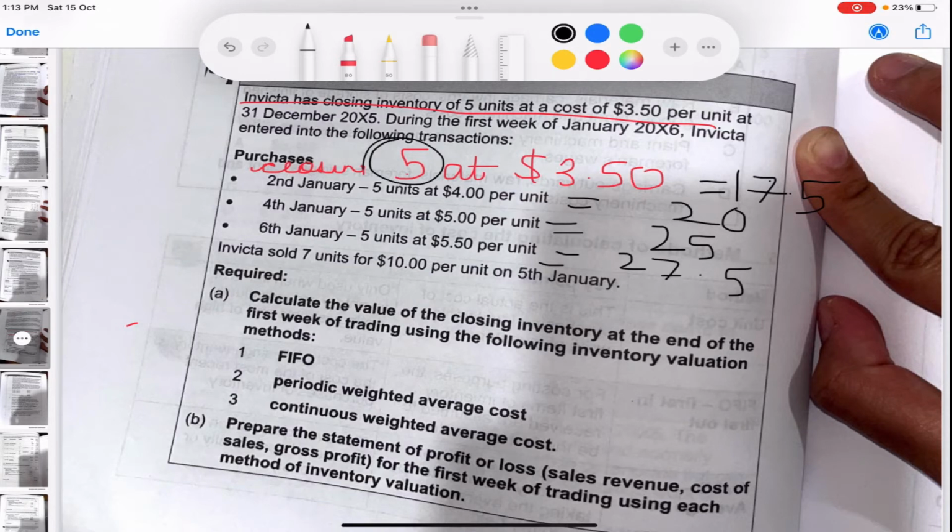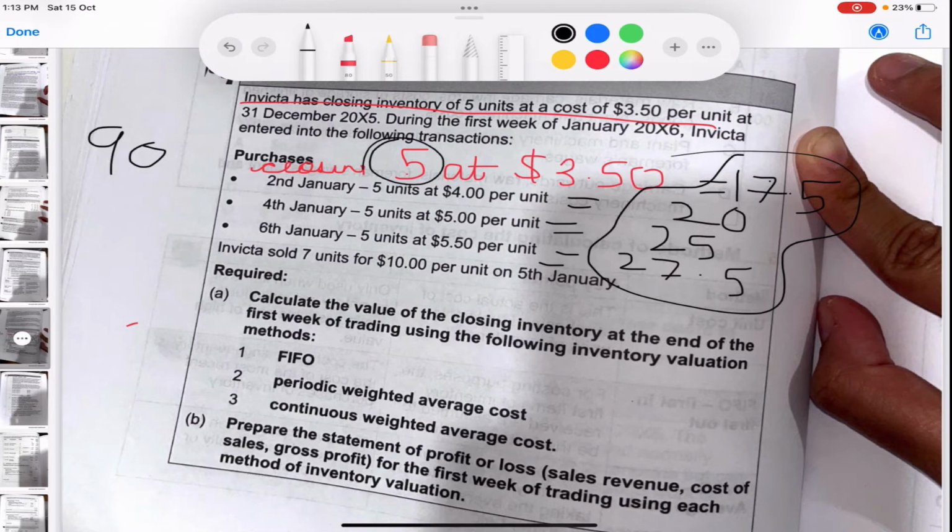Okay, so these are our total purchases. I hope you're solving it with me. If you add all of these, the total amount of purchases is 90.